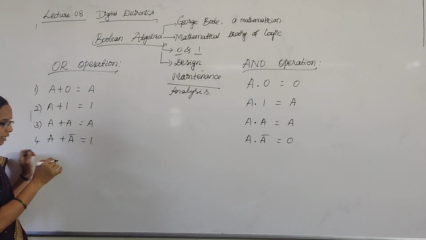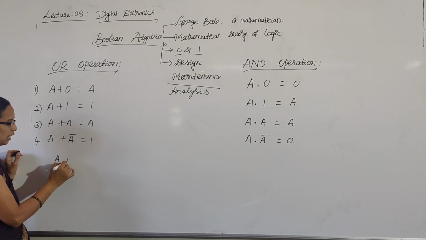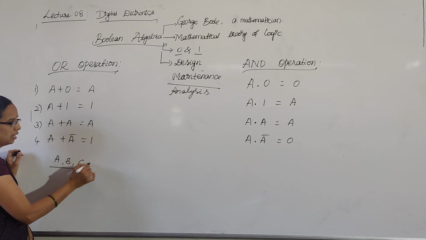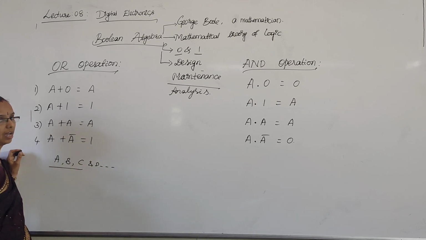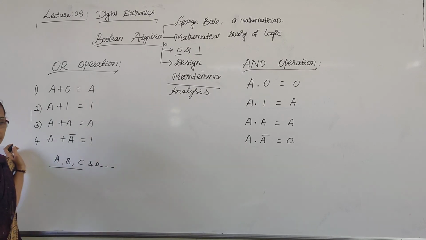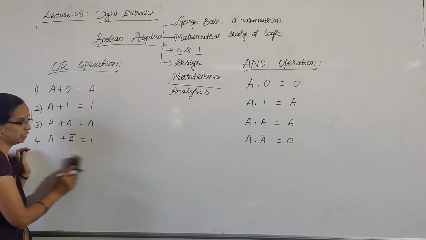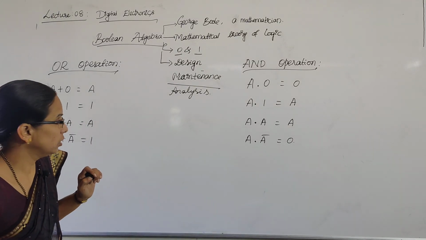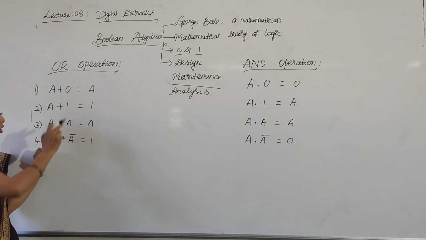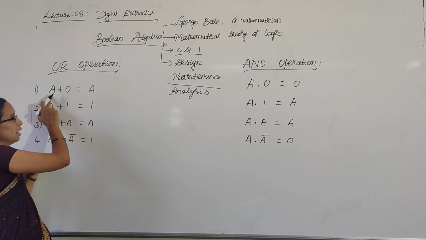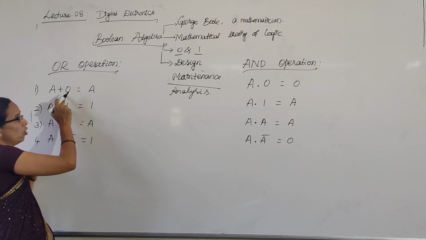In Boolean algebra, we will take capital A, B, C and D as variables. So here in the OR operation, they are telling us A plus 0, or A OR 0.